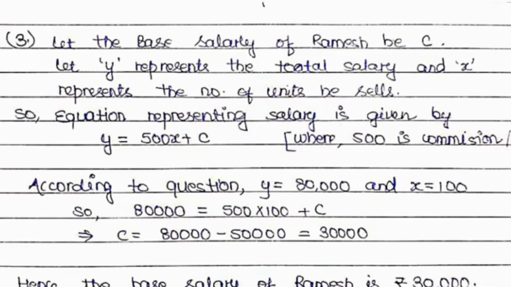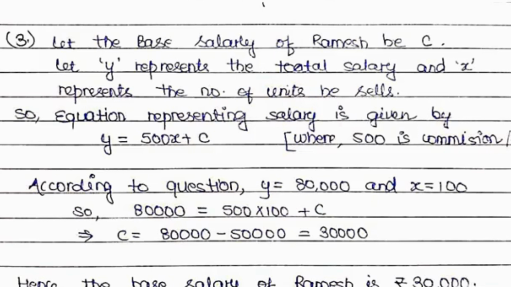monthly base salary. Okay. So to solve this question, let the base salary of Ramesh be C. Let Y represent the total salary and X represent the number of units he sold. So the equation representing the salary is given by Y equals to 500x plus C, where 500 was the commission as described by me earlier in the question.